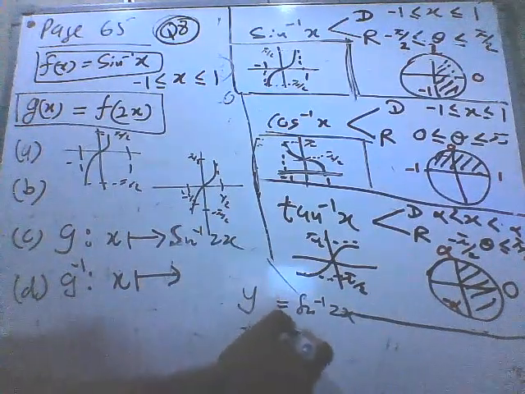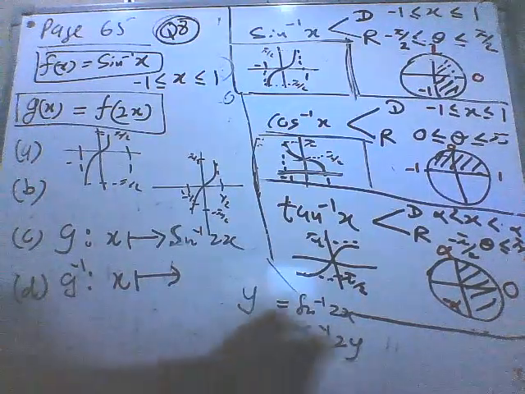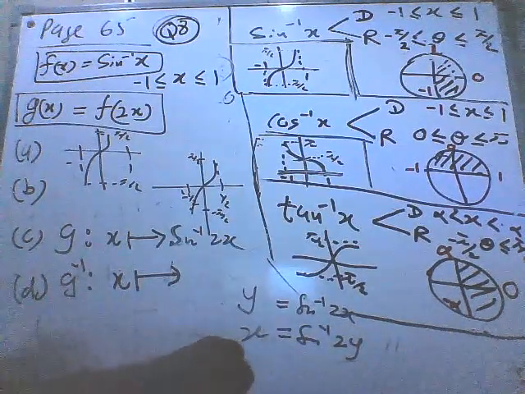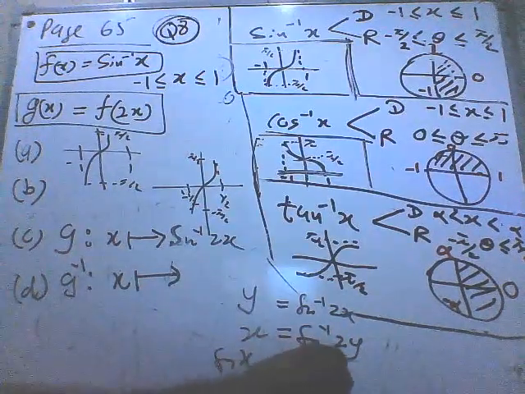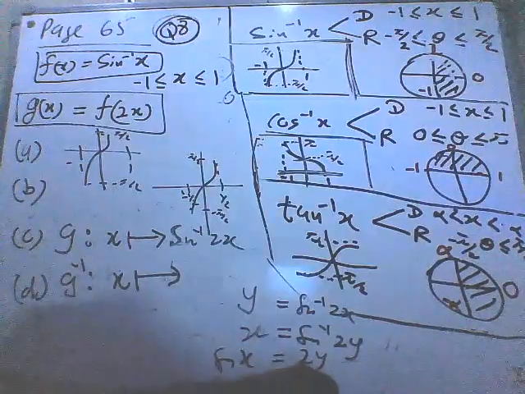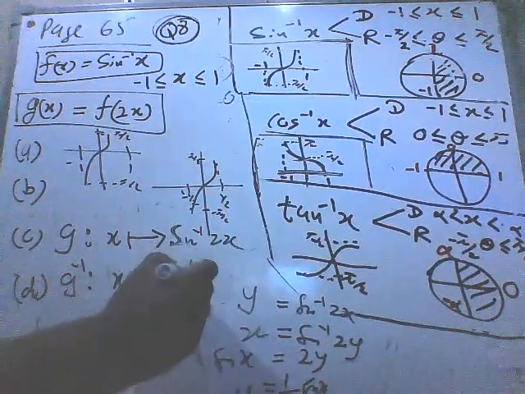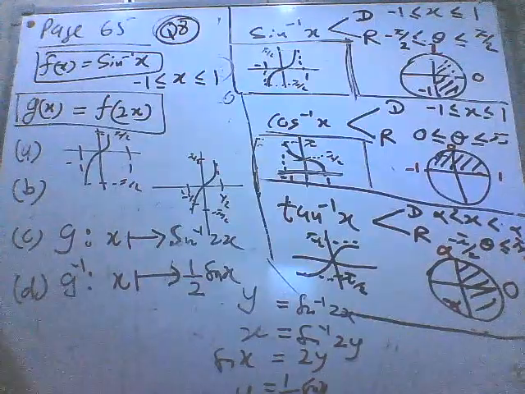We put here x equals sine inverse 2y. When we take sine on both sides, we get sine x is equal to 2y, so we get y is equal to half sine x. So the inverse function will be half sine x.